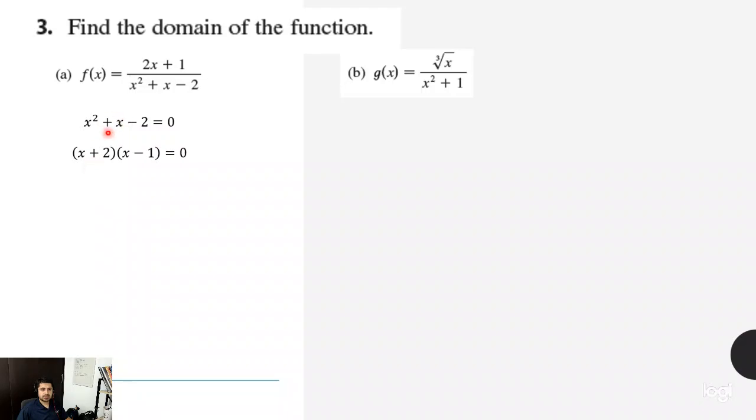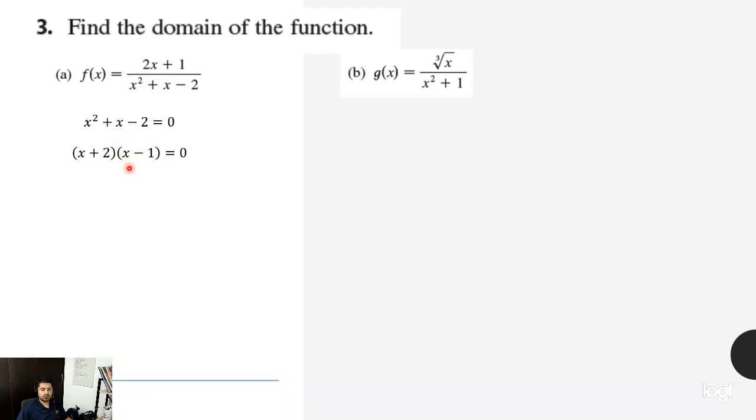The second one should be the multiplication of these two signs, plus times minus, we get minus. Then we need two numbers that multiplied get minus 2, which should be plus 2 times minus 1, we have minus 2. And then the sum of them should be 1: plus 2 minus 1 is 1.